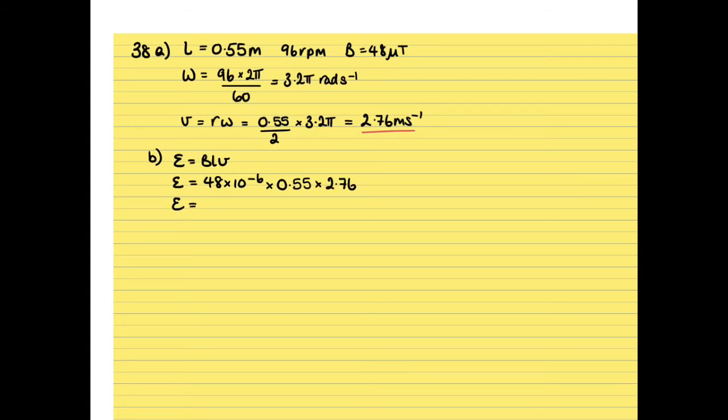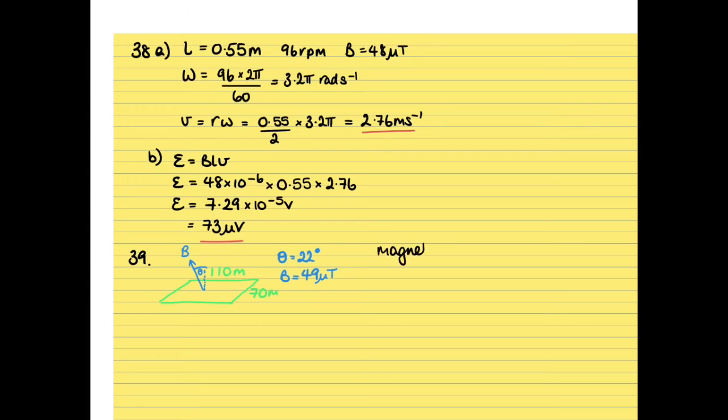And then it's just as before, our EMF equals BLV, and we take the average velocity but keep the full length of the blade.